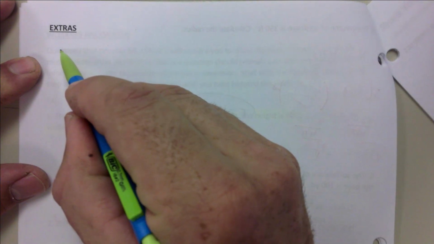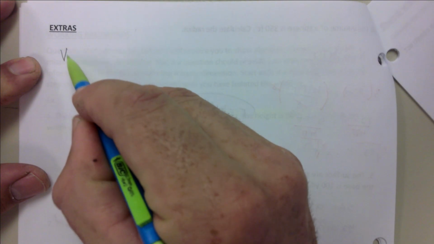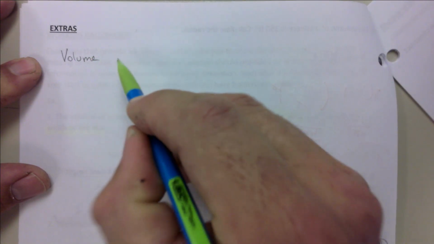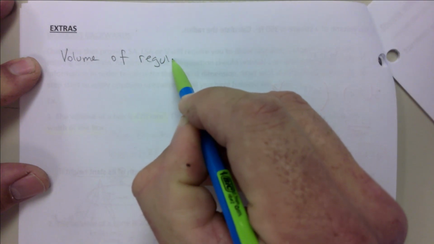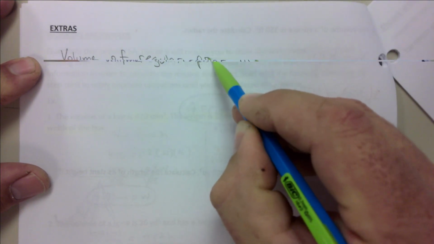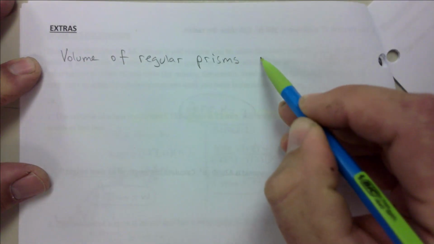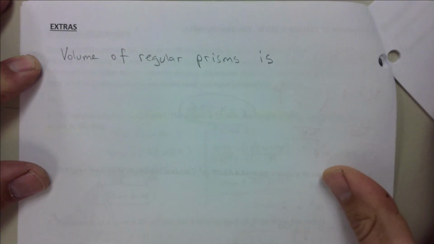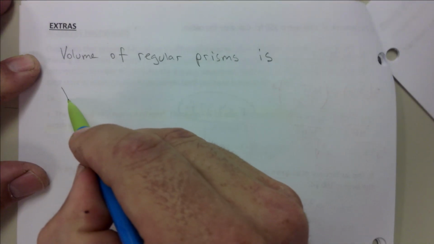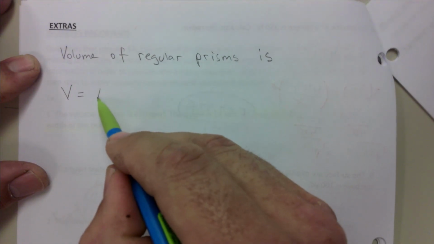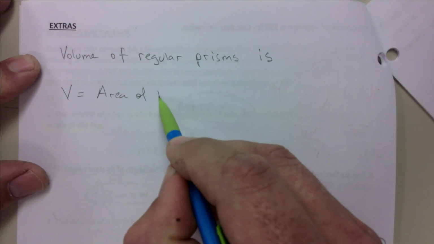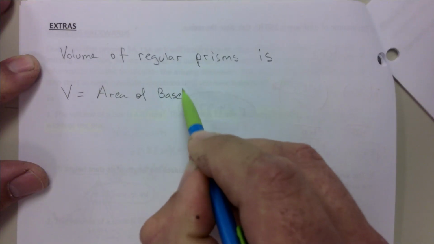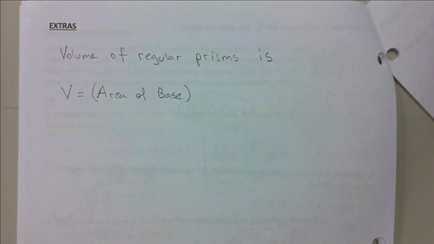So volume of irregular prisms is, okay, this is on page 12, volume is usually you take the area of the base. So let's say you're like, what is the base? A circle.